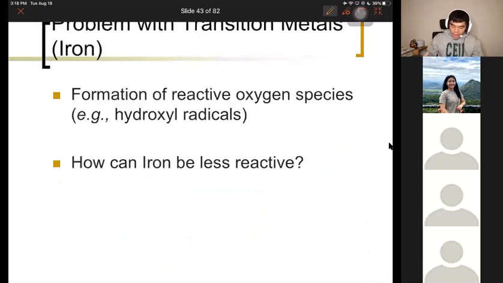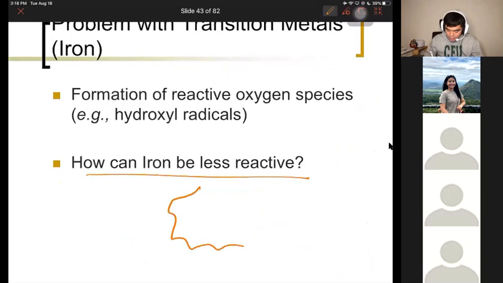So ito yon. How can iron be less reactive? I-shield natin. So for example, this is iron. Ibabalot natin siya sa isang specialized organic ring structure.